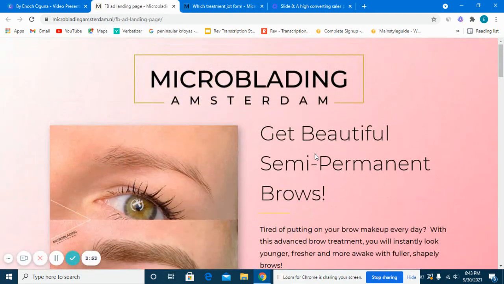And so it doesn't have to be a standard thing. For the most part, you're going to be showing people what to expect within the treatment, obviously, because a lot of people usually ask what happens during a microblading treatment. Obviously, you're getting questions like, is it safe? Is it painful?